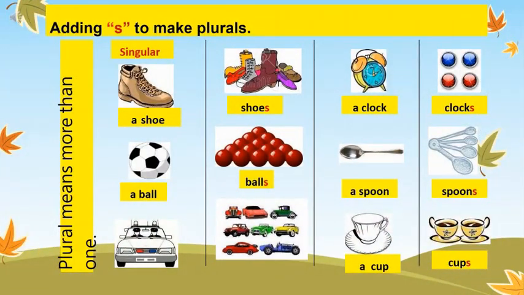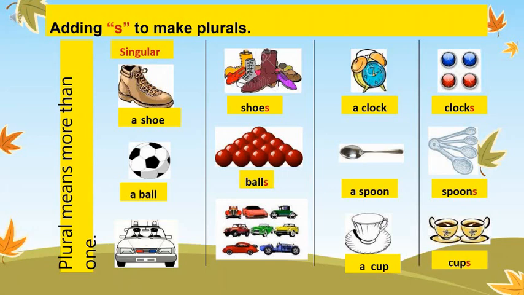Now, a few more examples following the first rule, adding s to make plurals. A shoe, one shoe, S-H-O-E, shoe. To make it plural, we add an s there and it becomes shoes, S-H-O-E-S.